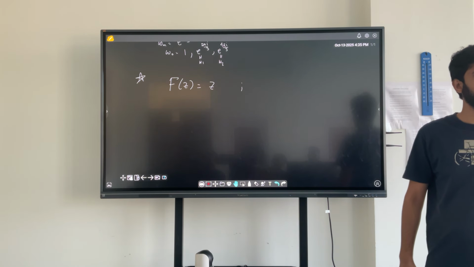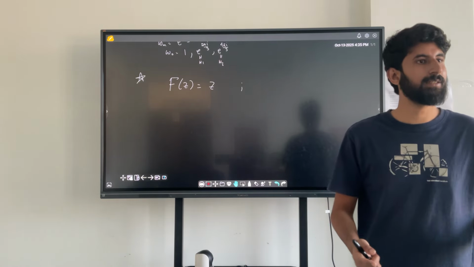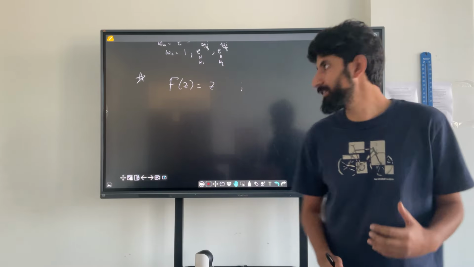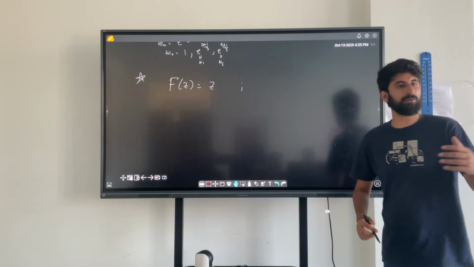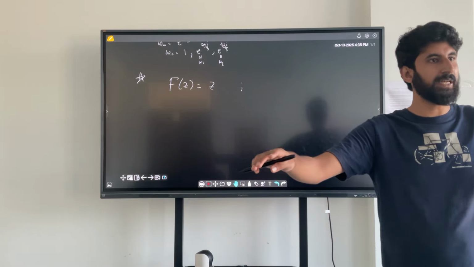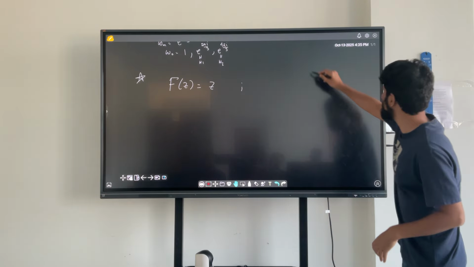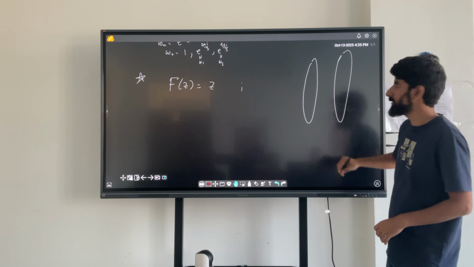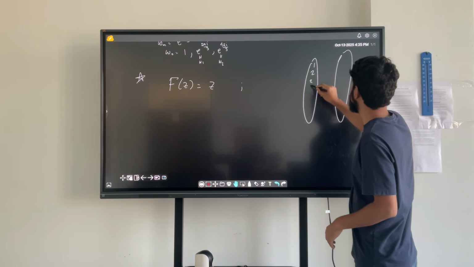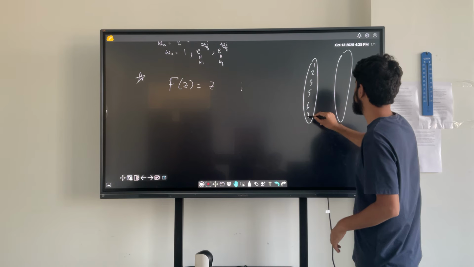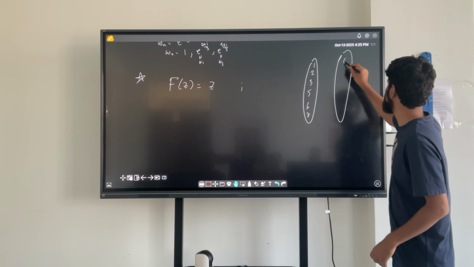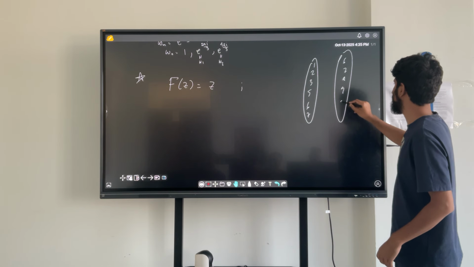First you have to relate two sets of numbers. Let's say this is one set, this is another. Let's say I have 1, 2, 3, 5, 6, 7 as my inputs, and this is the output set, 6, 7, 8, 9, whatever.